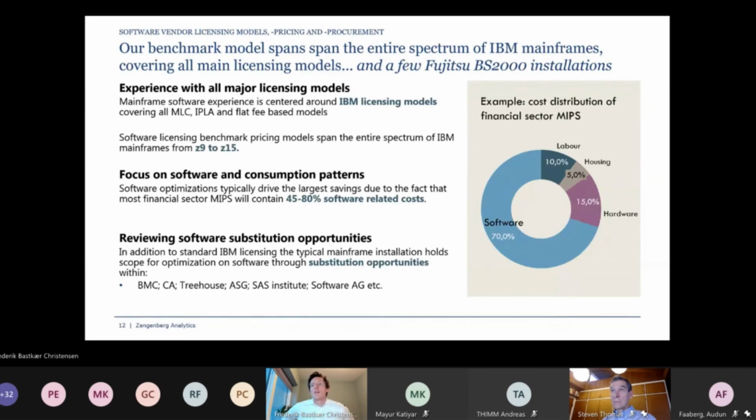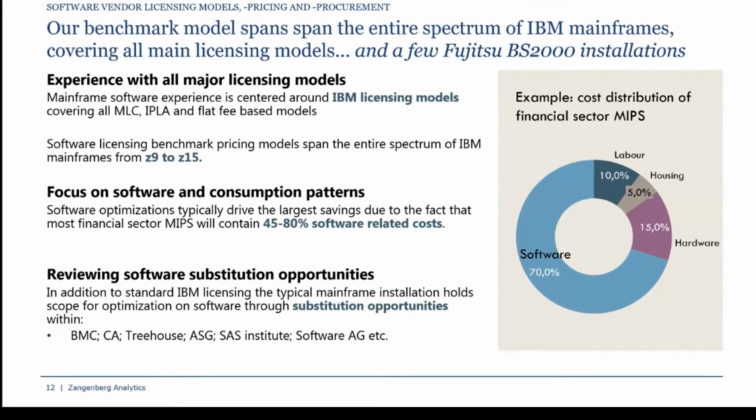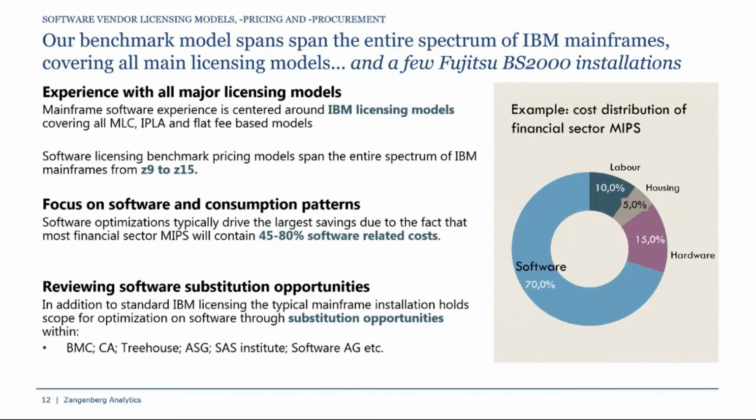Housing, hardware costs, and labor tend to be relatively marginal compared to the software cost, especially when we talk about mid-sized or big banks, or almost all medium to large enterprise clients with mainframe operations. They need to understand how big a share the software costs typically are. Especially the composition of software is important.